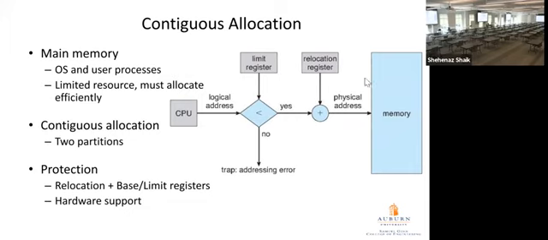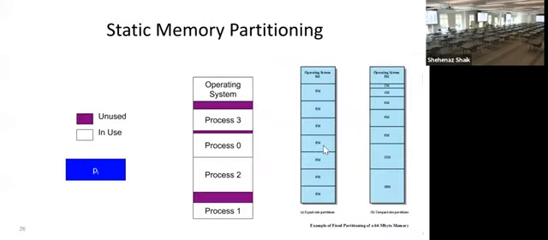And considering memory is a limited resource, and especially so the case with the physical memory, the operating system must ensure that the memory is allocated in an efficient manner to multiple processes. So for that reason, we have a couple of approaches.